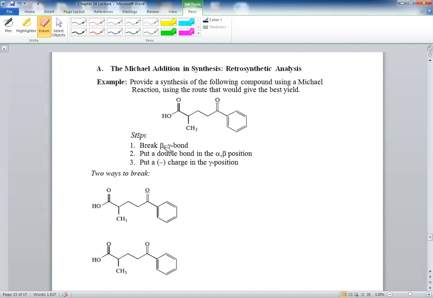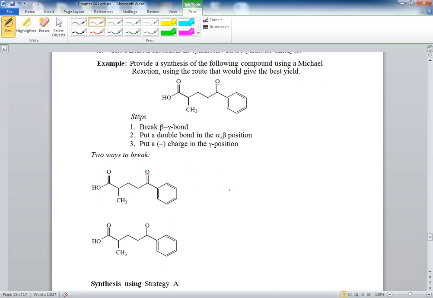So first you have to break the beta gamma bond, put a double bond in the alpha beta position, and then put a negative charge on the gamma position. Okay, so if you look at this, you have two ways of numbering this. If we assume that this is our alpha, then this would be our beta, and that would be our gamma.